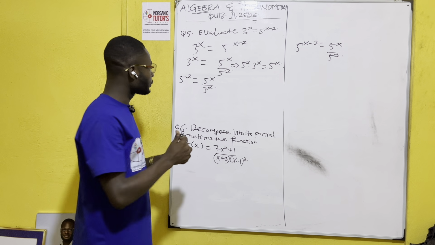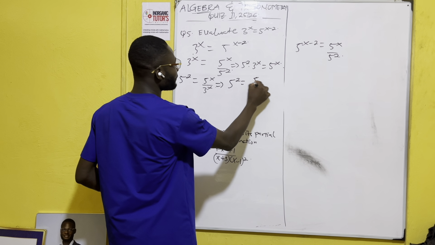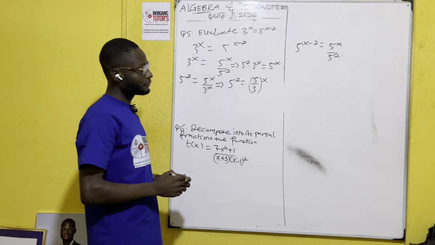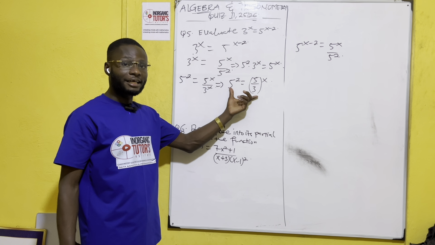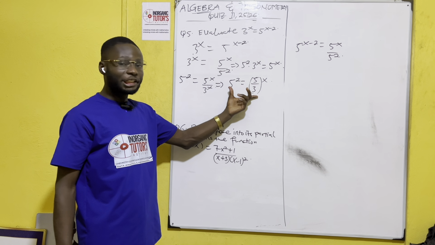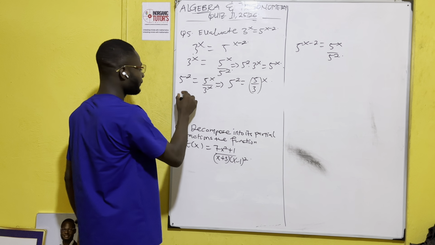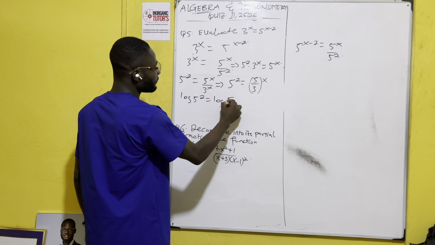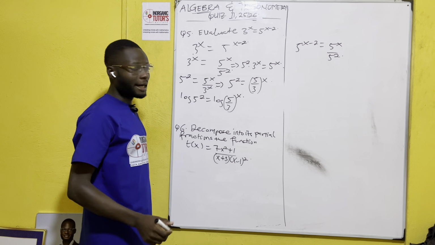So we have 5 squared equals (5 over 3) to the power x. We can easily find x now by introducing logarithm to both sides. So we have log 5 squared equals log of (5 over 3) to the power x.